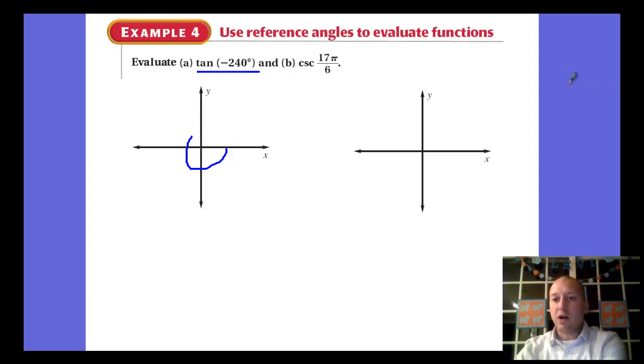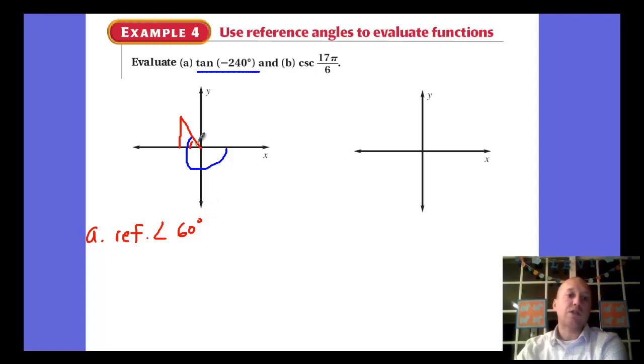If I think about how to draw my triangle, it's this reference angle, how far negative 240 went past 180. That's the portion of this triangle we want to find for a reference angle. So this reference angle is going to be 240 minus 180, and we get 60 degrees.